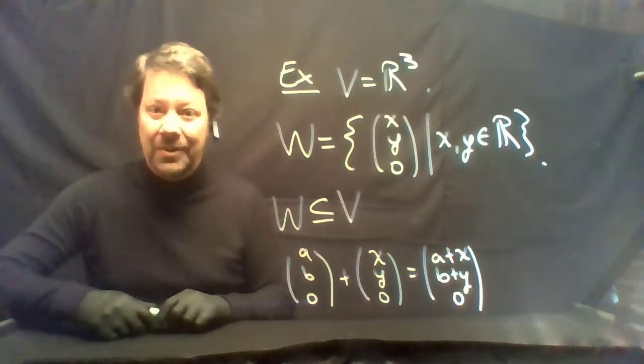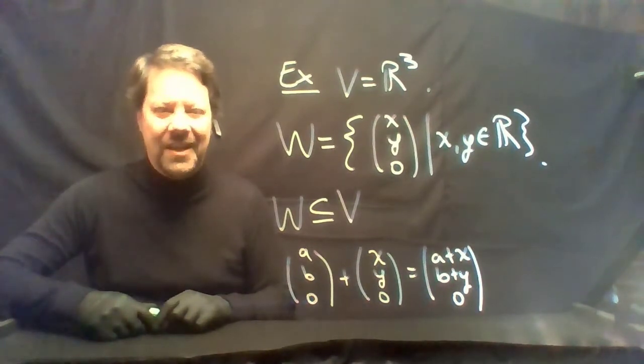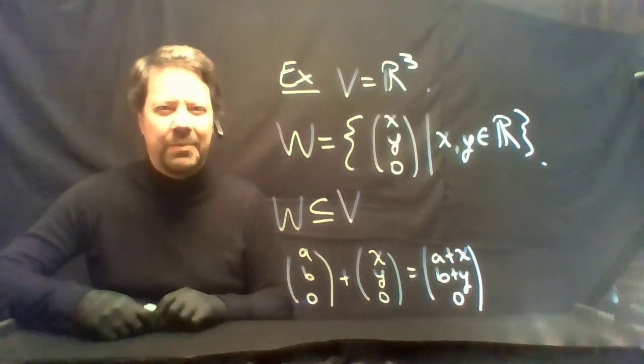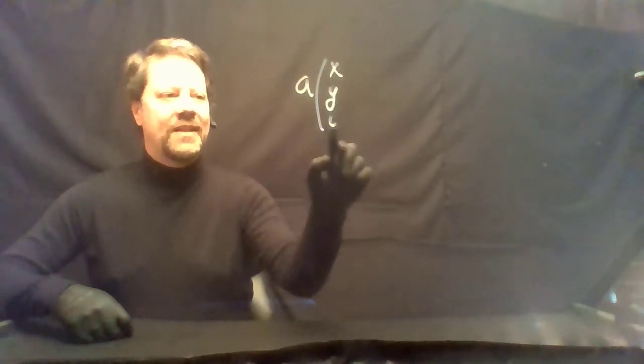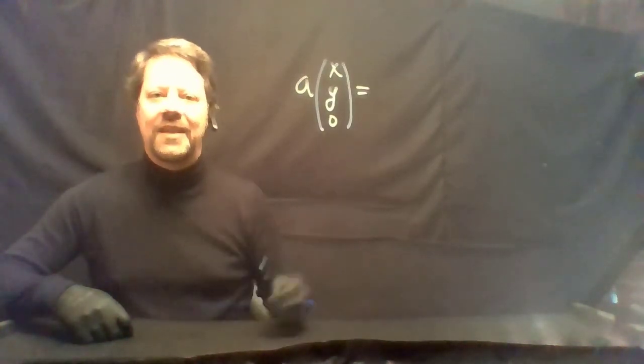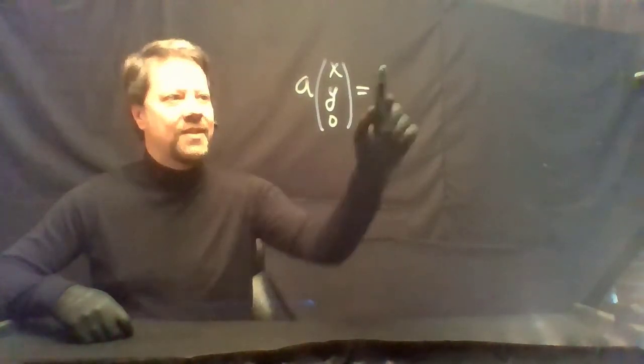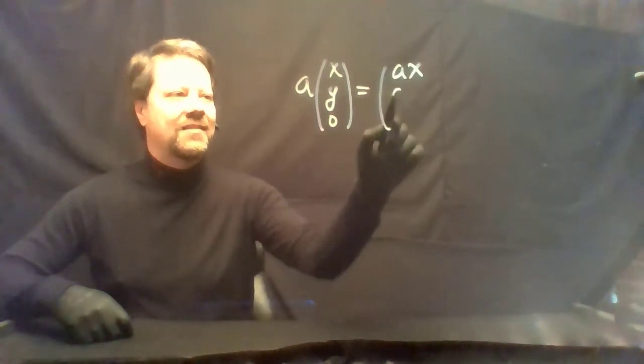We have closure under addition. We need to check the other 3 questionable properties. Let's check closure under scalar multiplication. If I take a times (x, y, 0), do I get something with the third coordinate 0? And the answer is obviously yes.